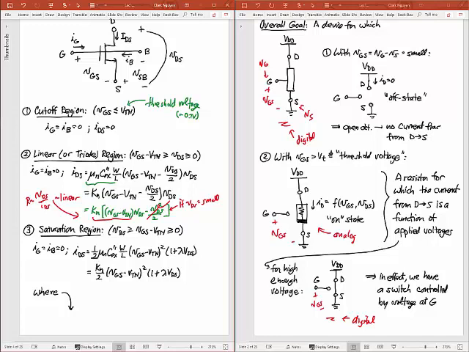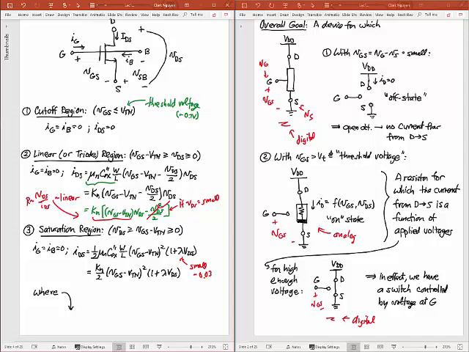It has a very small dependence on VDS because this lambda is a very small number, on the order of 0.03 or something like that. So this will have almost no contribution. And so this current now becomes a square law function of VGS. Okay, that's when the thing is strongly on, and that's when we call it saturation.